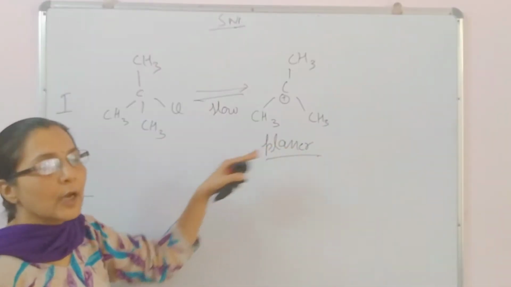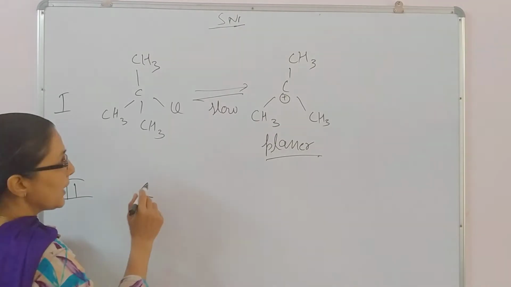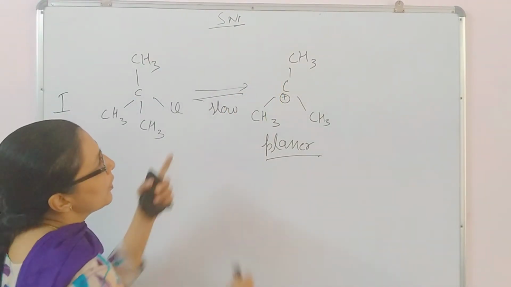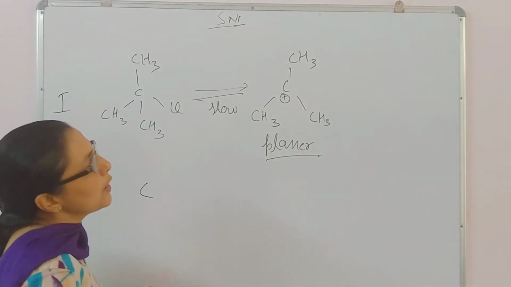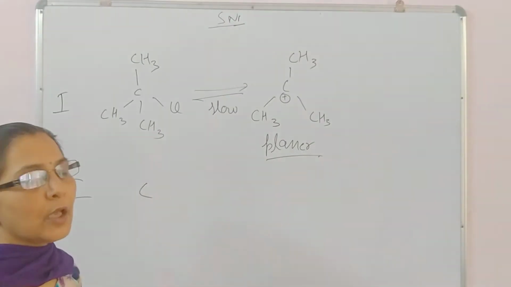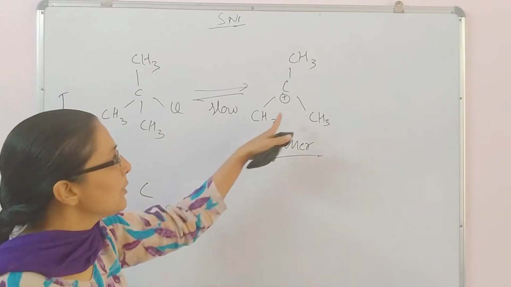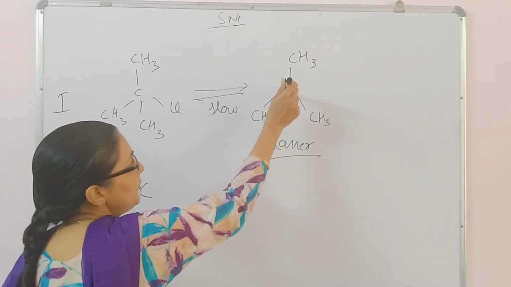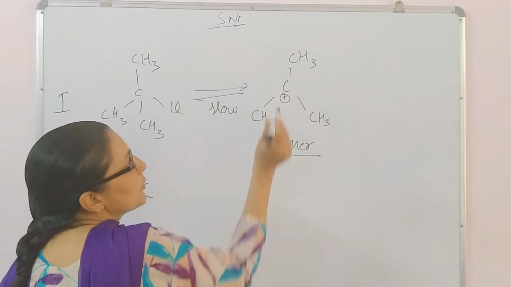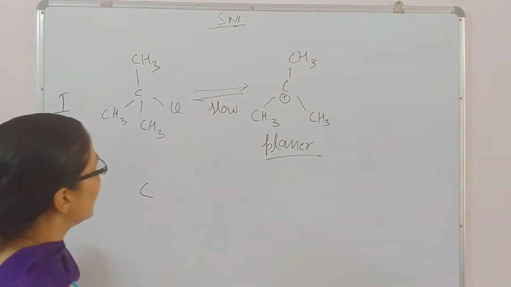This planar carbocation can be attacked from the top or from the back side. Attack can happen from both sides, above the plane and below the plane of paper. In the same manner, over the board, from perpendicular to the board and from the back side of the board.